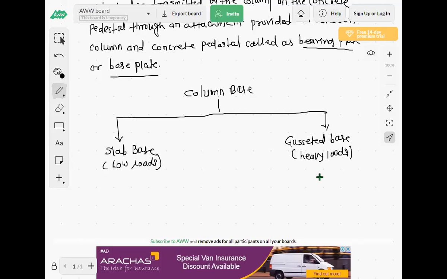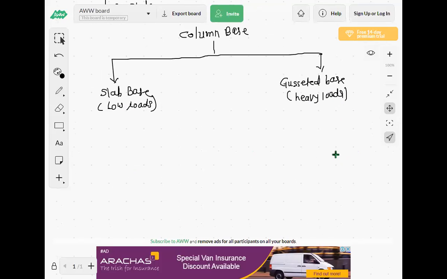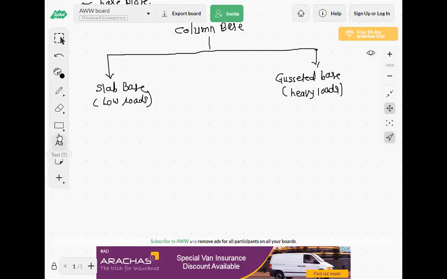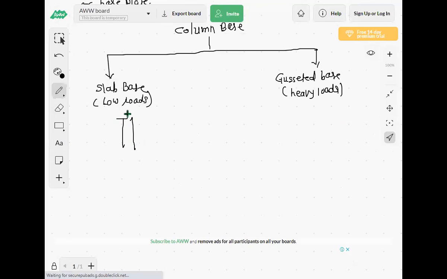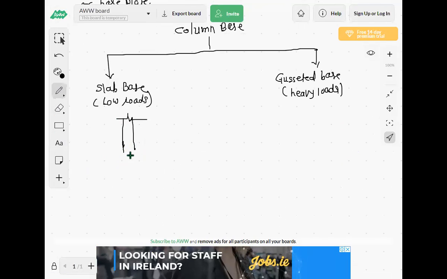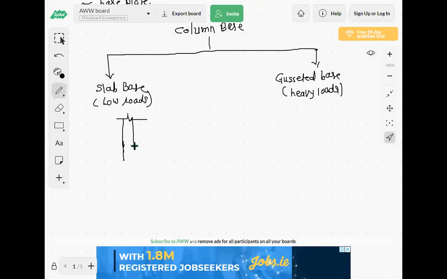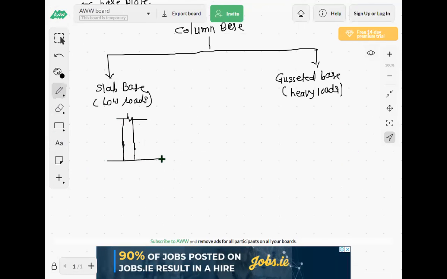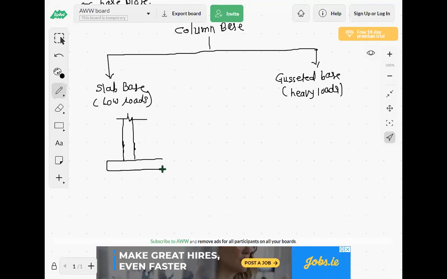What the slab base and the gusseted base look like, I will show you by this sketch. You can also draw the sketches. I will draw them here.